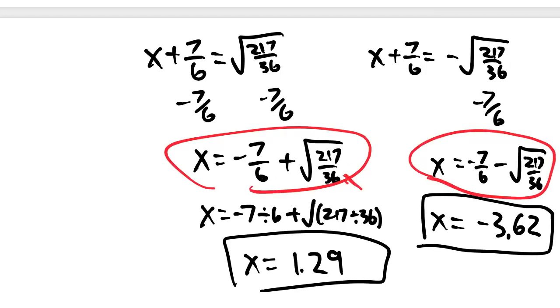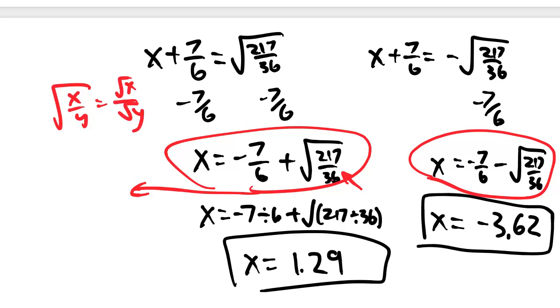With radicals, though, there's this other thing about a fully simplified exact form solution. First of all, there's a rule: the square root of x over y is the square root of x over the square root of y, so you can take the square root of both. I happen to know that the square root of 36 is 6.